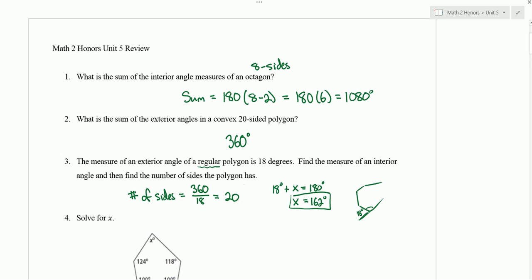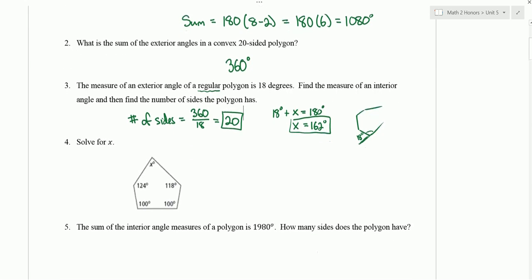So really 18 degrees is the measure of an exterior angle. The sum of all the exterior angles is 360. So we know there are 20 exterior angles. But the number of exterior angles is the same as the number of sides, and it's the same as the number of interior angles. So 20 is the number of sides. 162 degrees is the measure of each interior angle.